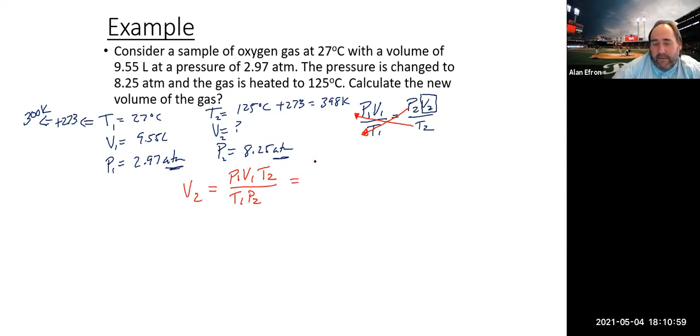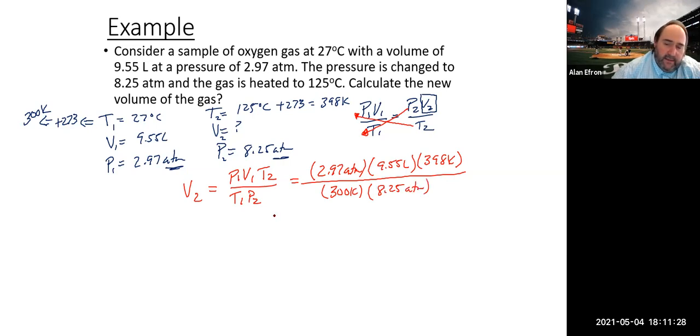That means up on top should go our 2.97, which is our P1, our V1 being 9.55 liters. And now our T2 that we moved across should go up there on top, which is 398, all divided by the bottom there, which is 300 Kelvin, which is our T1, and our P2, which is our 8.25 atmospheres.